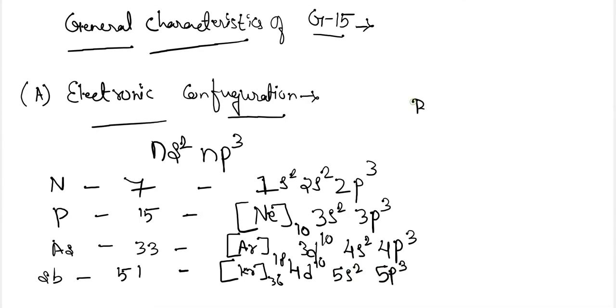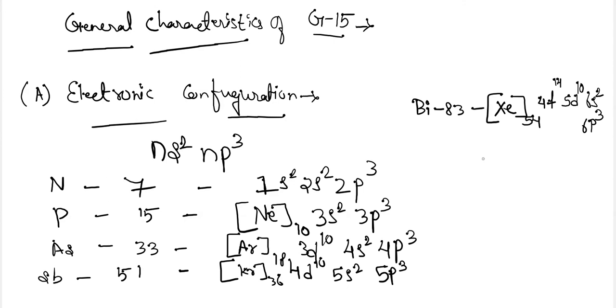And the last is bismuth, that is 83, xenon 54, 4f14, 5d10, 6s2, 6p3. This will be the general electronic configuration for your group 15 elements, that is ns2 np3, and these are the electronic configurations for all the 5 elements present in this group.